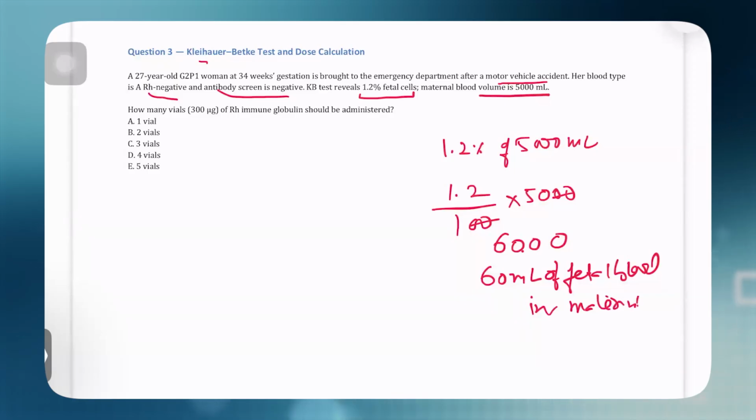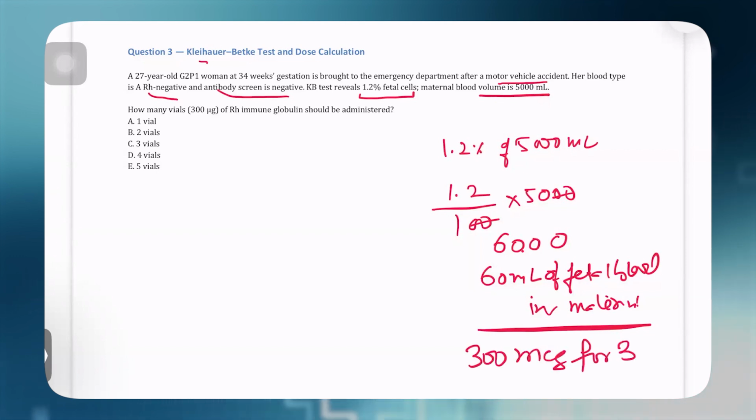And as we remember, 300 microgram is sufficient for 30 ml of fetal blood. So how many doses do we need? We need 600 mcg.